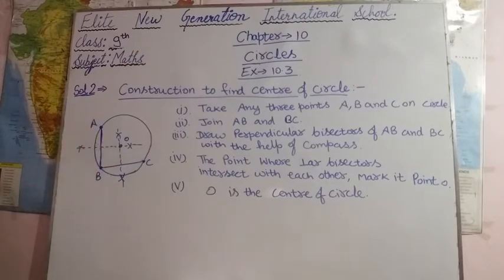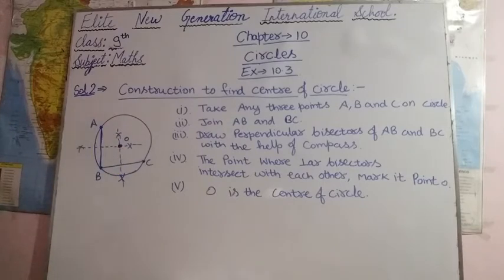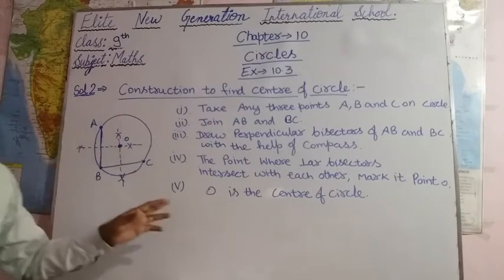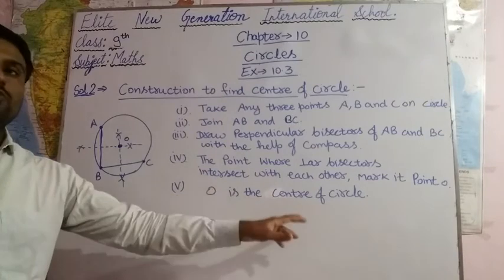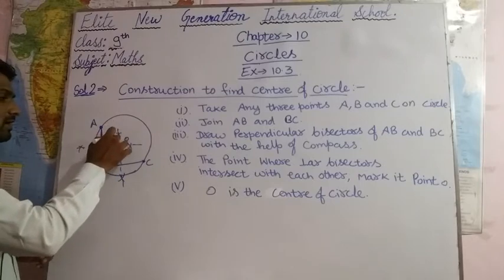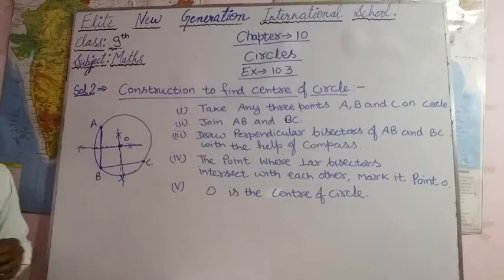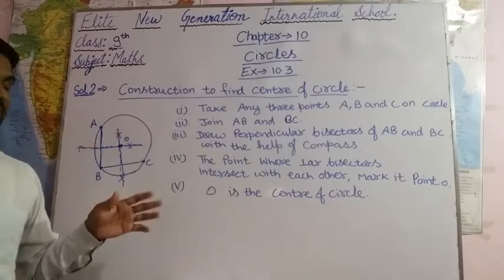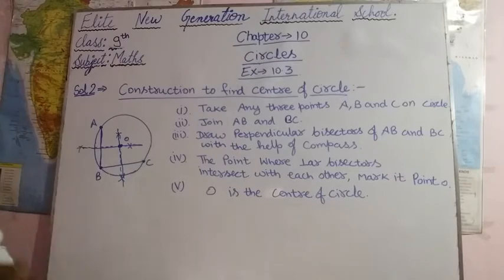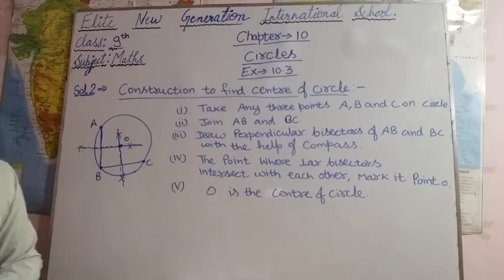These perpendicular bisectors will intersect at a point, which we will name O. Therefore we can say that this O is the required center of the circle. The point where the perpendicular bisectors of AB and BC intersect will be the center of the circle. You can also try some more questions related to finding the center of the circle. Now after this, see the next question.